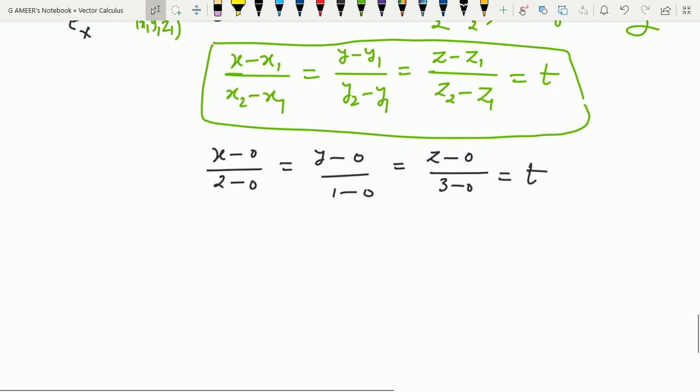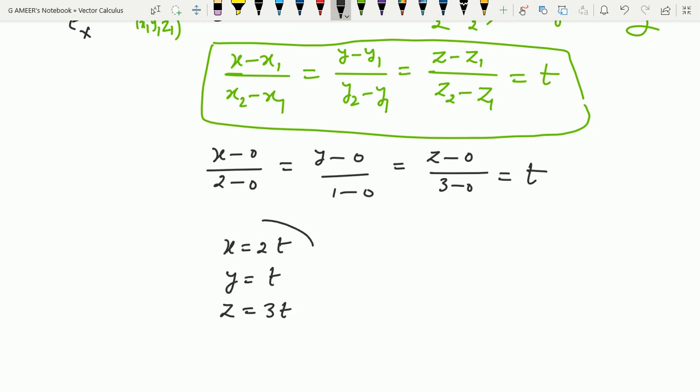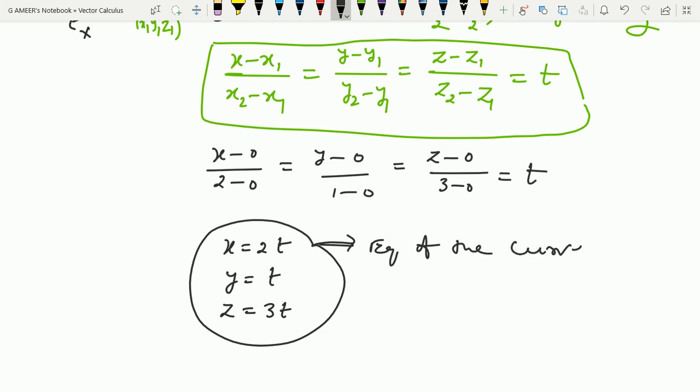I'll get the equation of the curve, that is the straight line equation. So x is equal to 2t, y is equal to t, z is equal to 3t. This is the equation of the curve, that line in parametric form.